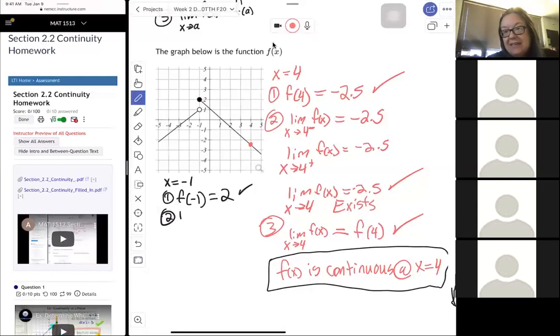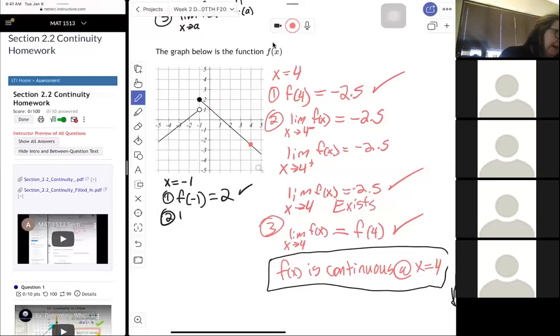Well, you can look at this thing and tell that doesn't happen, right? We don't even have to write it down. The limit from the left is coming into 1. The limit from the right is coming into 2. They're not the same number, and so the two-sided limit does not exist. All right, so for this one, the answer is going to be the second condition.